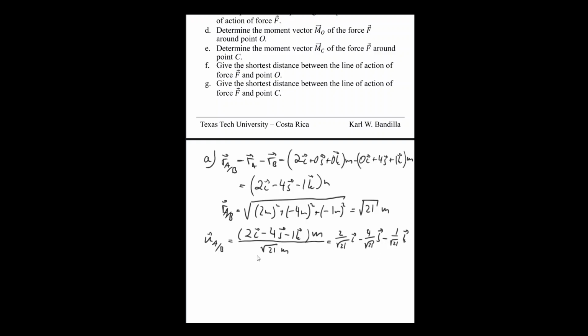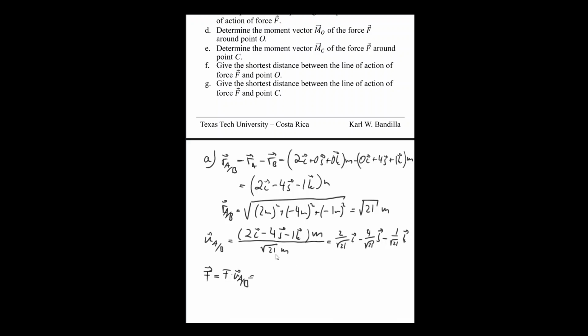And now if you want to get our force vector, then we can say F is equal to our unit vector times the magnitude. So F times UAB.